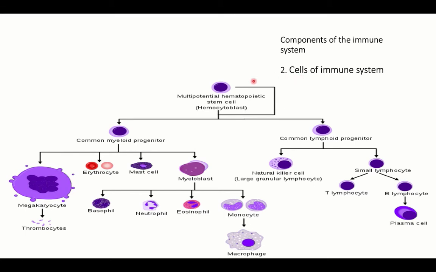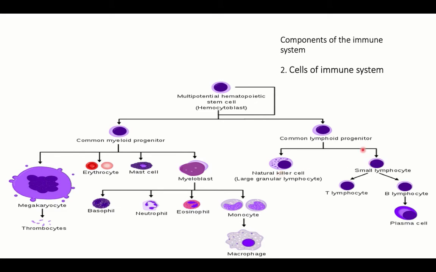Cells of the immune system start with the multi-potential hematopoietic stem cell, okay, in the bone marrow, that then can be differentiated into common myeloid progenitor and common lymphoid progenitor. The lymphoid progenitor produces natural killer cells. This is one of the innate immunity cells that share in both innate and adaptive immunity.